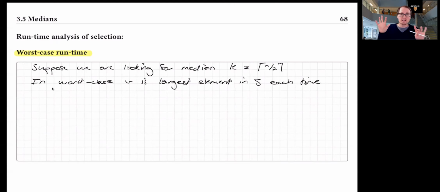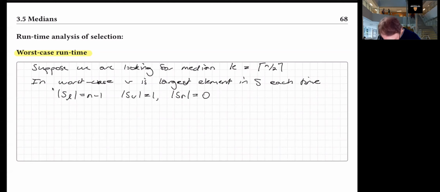V is the largest, so S left contains now n minus 1 elements, SV contains 1 and S right contains none. So S left has size n minus 1, SV has size 1, and S right has size 0.